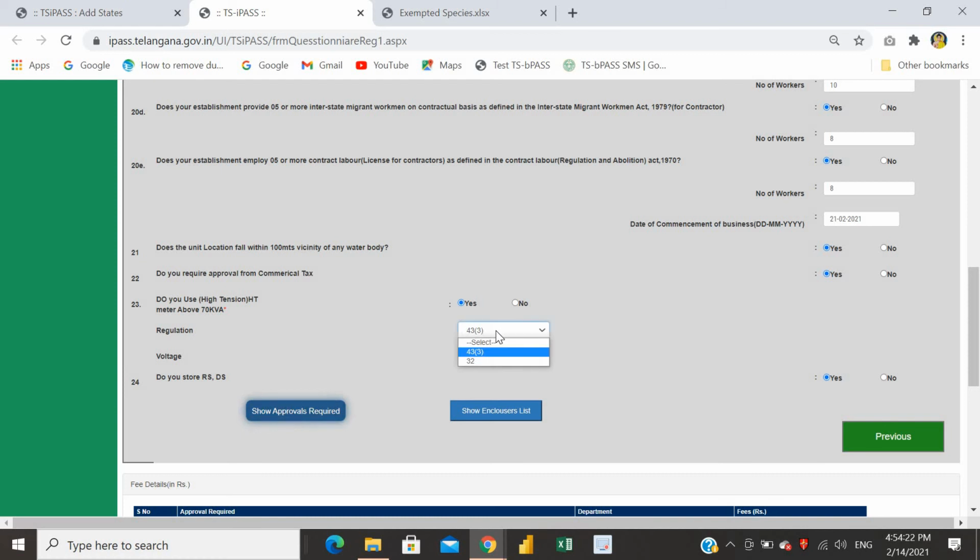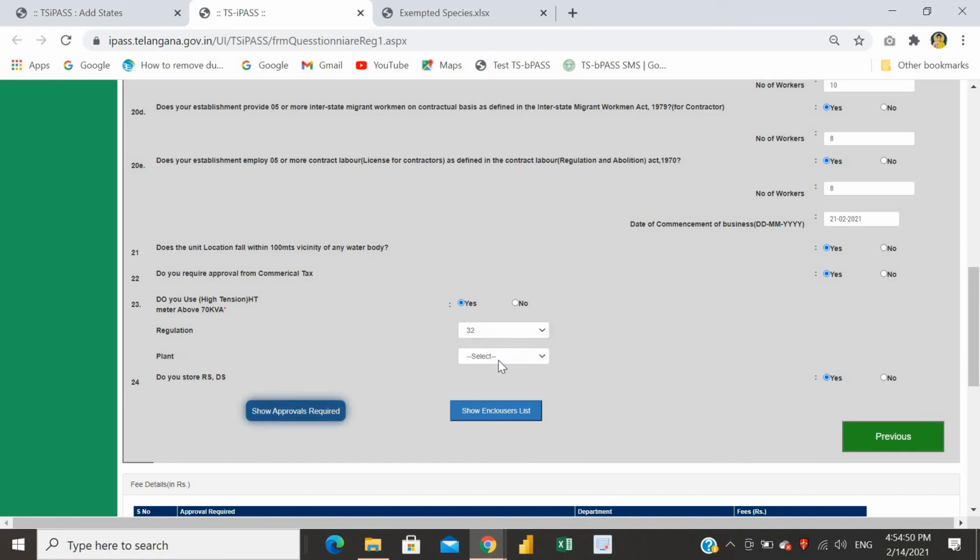And here two regulations are given. These are according to the Central Electricity Regulations 2010. Rule 43(3) is for new installations. If my industry requires some new installation, or addition or alteration to an installation, then I have to choose 43(3).